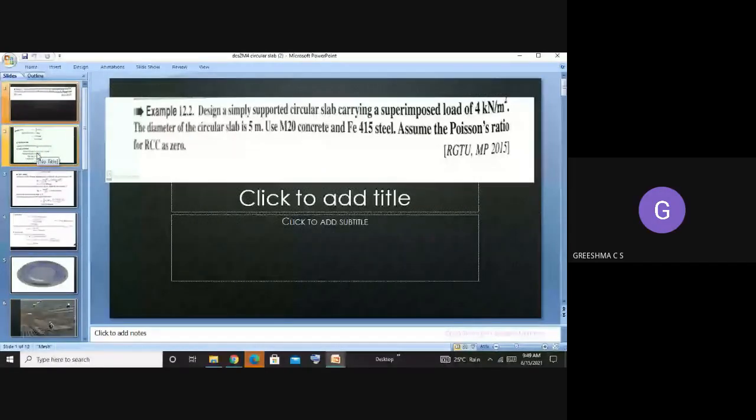Okay, so students, we're discussing the design of a circular slab with simply supported ends.